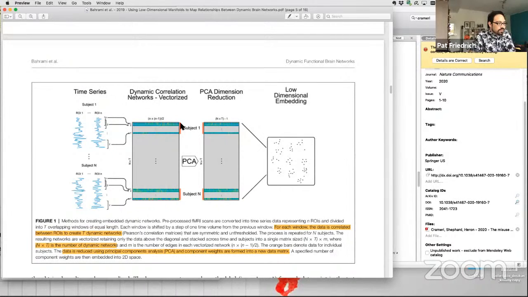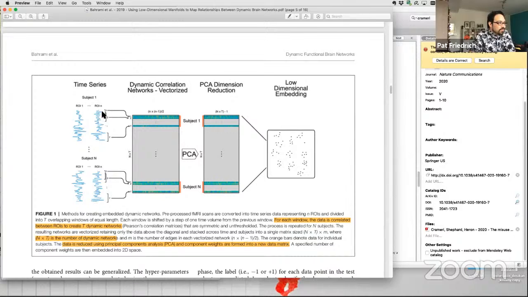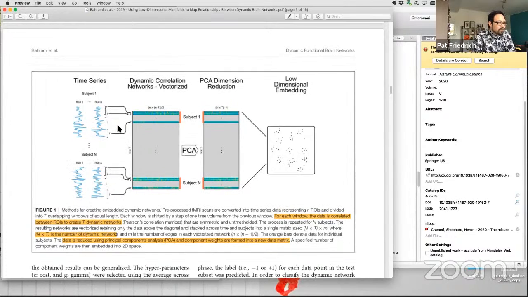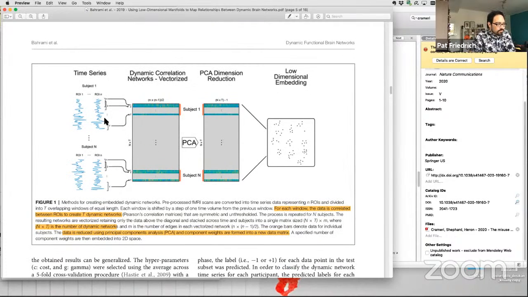Basically, each cell here represents the functional connectivity between ROIs. We can use this for different time windows to get a dynamic functional network. If we do this for all the time windows in our data set for one subject, we have the entirety of the data set for this subject.